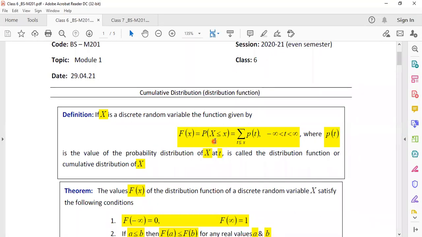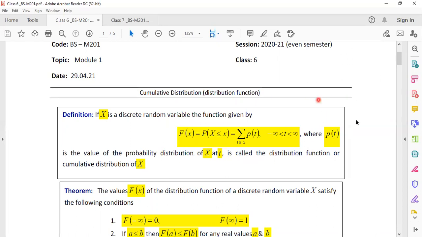Now, since we have considered the discrete case, the new variable t will take only the discrete values less than that small x, and their corresponding probabilities will be denoted by p(t). We take those probabilities together and take their sum, where p(t) is the value of the probability distribution of capital X at small t.